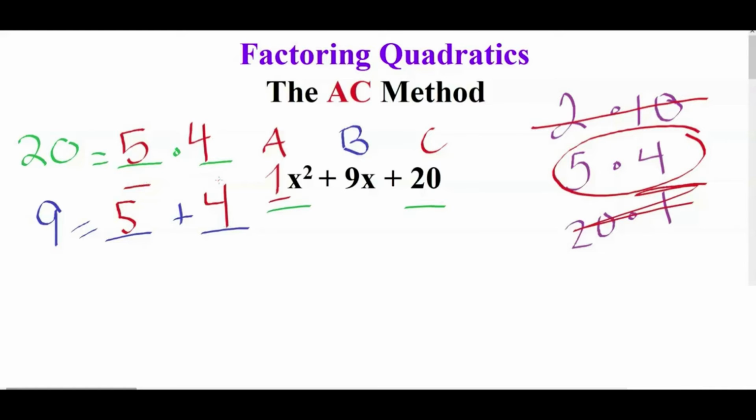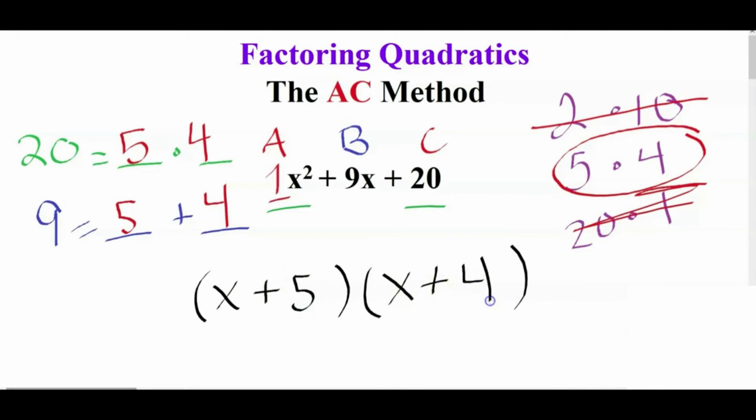Now what I'm going to do though is I'm going to write these out. I'm going to use parentheses here, 2 sets of parentheses. I'm going to write these out as factors, and the way that looks is these are two positive numbers. I've got x plus 5 and I've got x plus 4. That's how the factors are going to look. It's going to look like two binomials here.